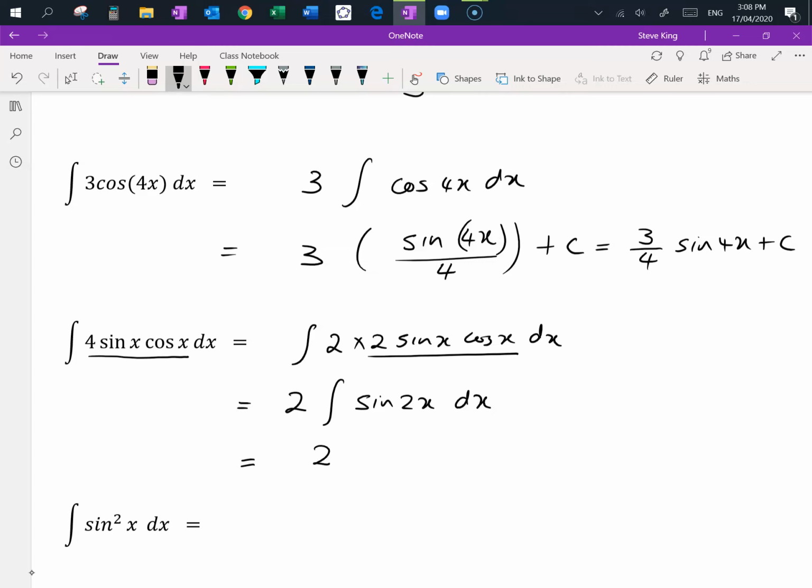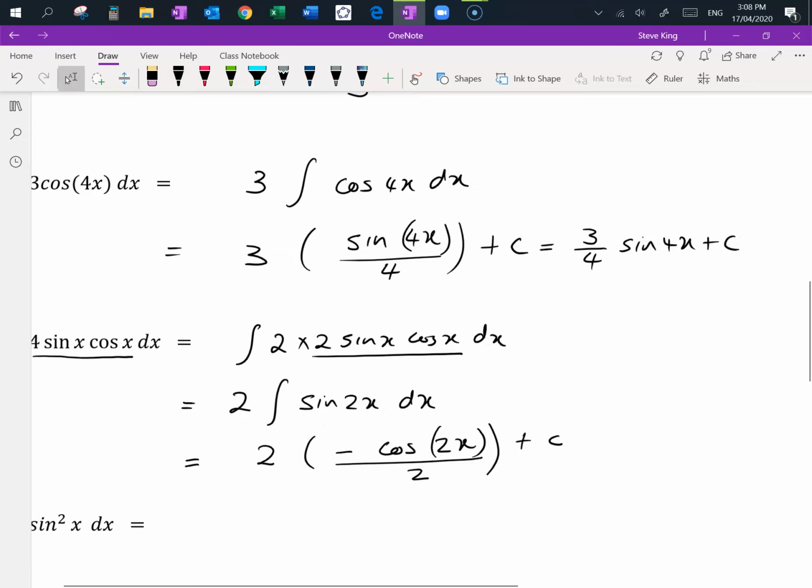I'm going to have 2 times, what did I derive to get sine? Well, I derived minus cos. The angle was 2x, but because it is 2x, I must divide all of this by 2 in order to take care of the coefficient, and then I must add c.